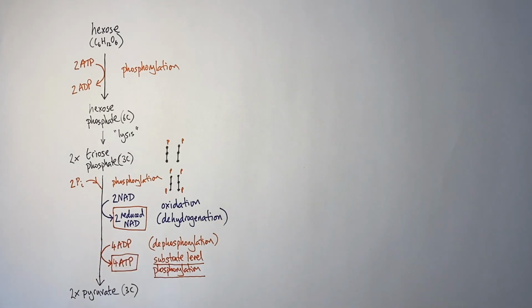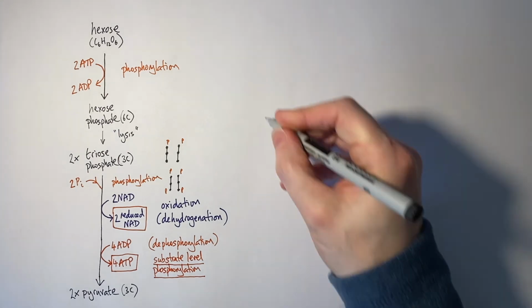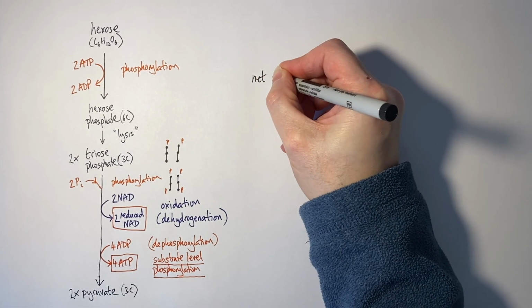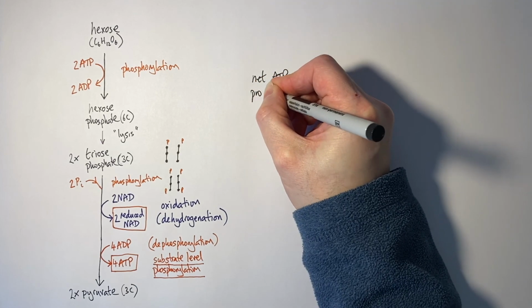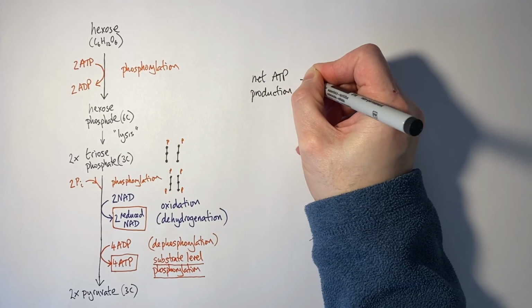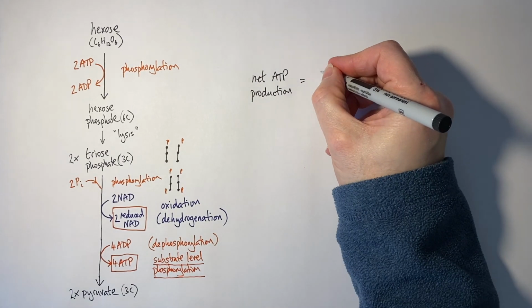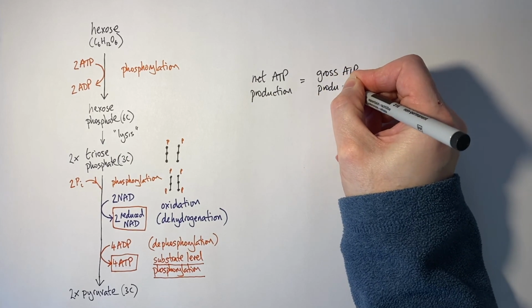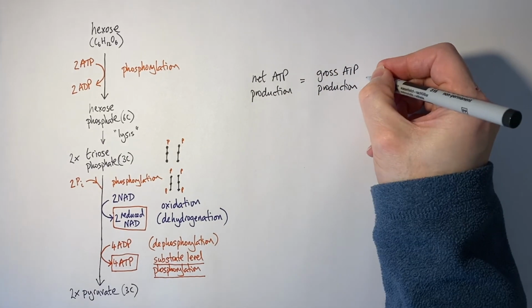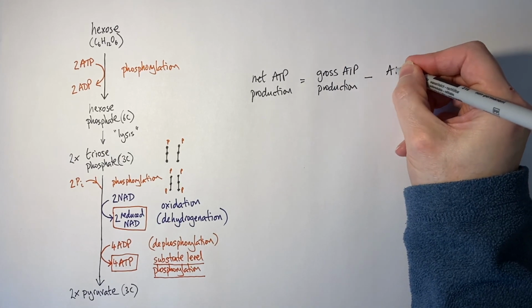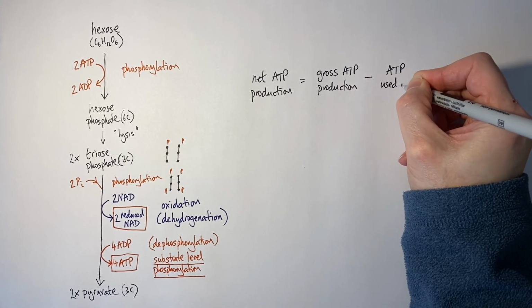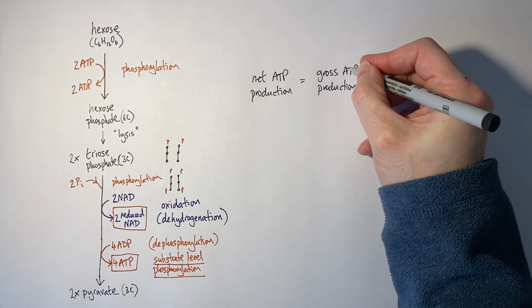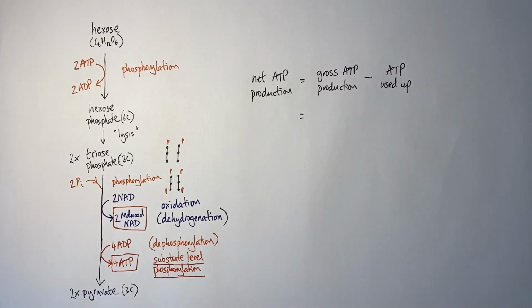Now, what is very useful is to think about how much ATP is being made overall in the process. Okay, so we can talk about the net ATP production, and net means overall, which is basically the gross ATP production, which is how much is being made, minus ATP that's being used up. So let's have a little look and see if we can work this out.